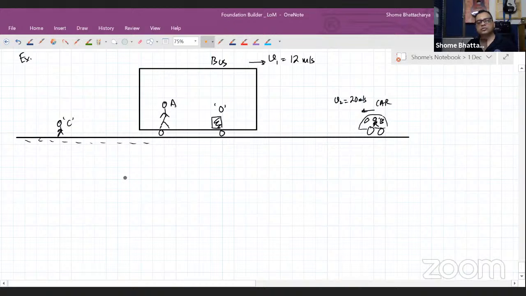Okay. So the object O is fixed to the bus.